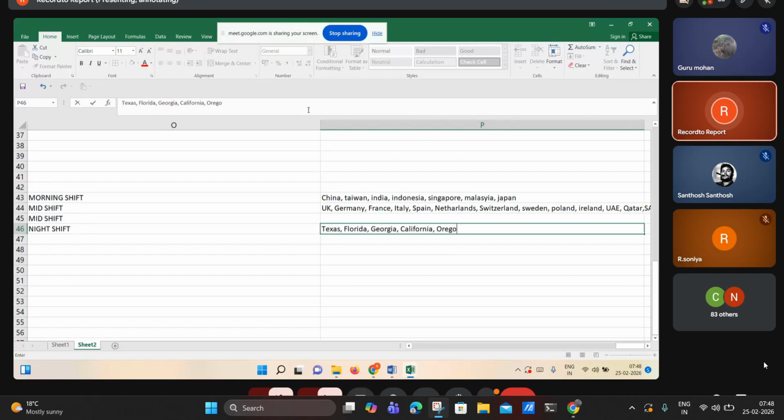So these are the states in the US, guys. We have various lists, guys. You can Google it, you will get the details of that.